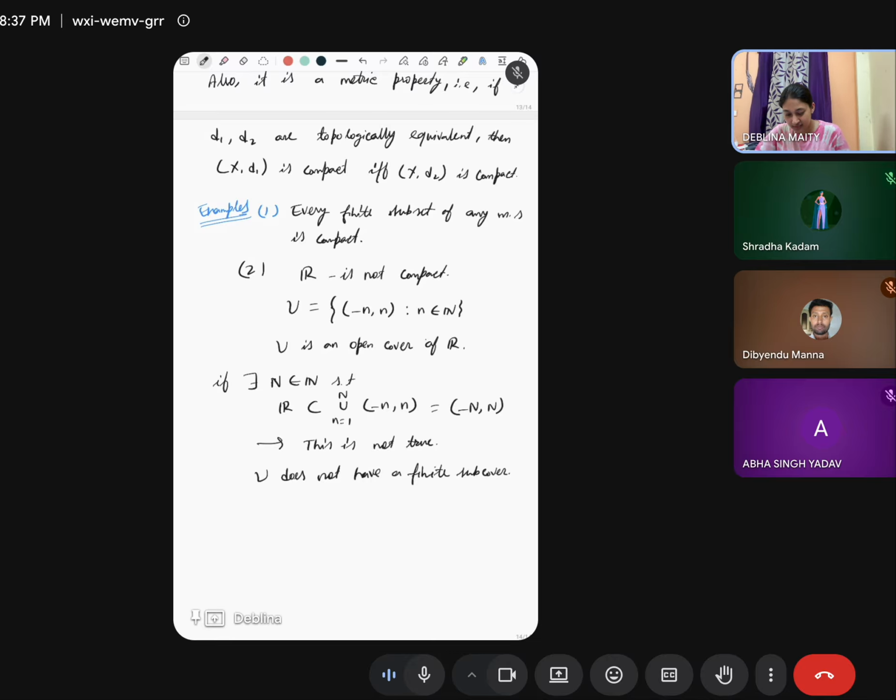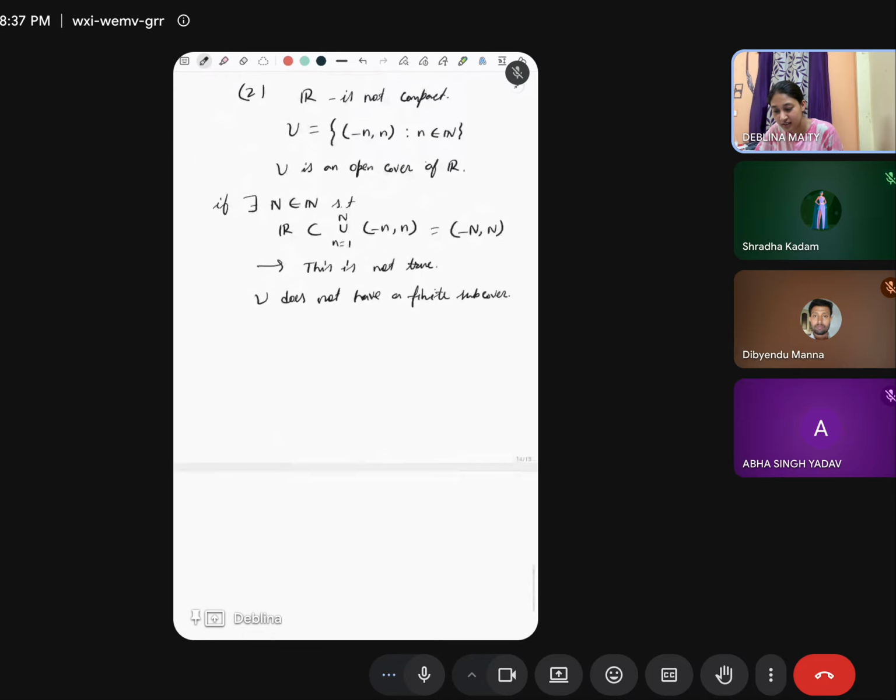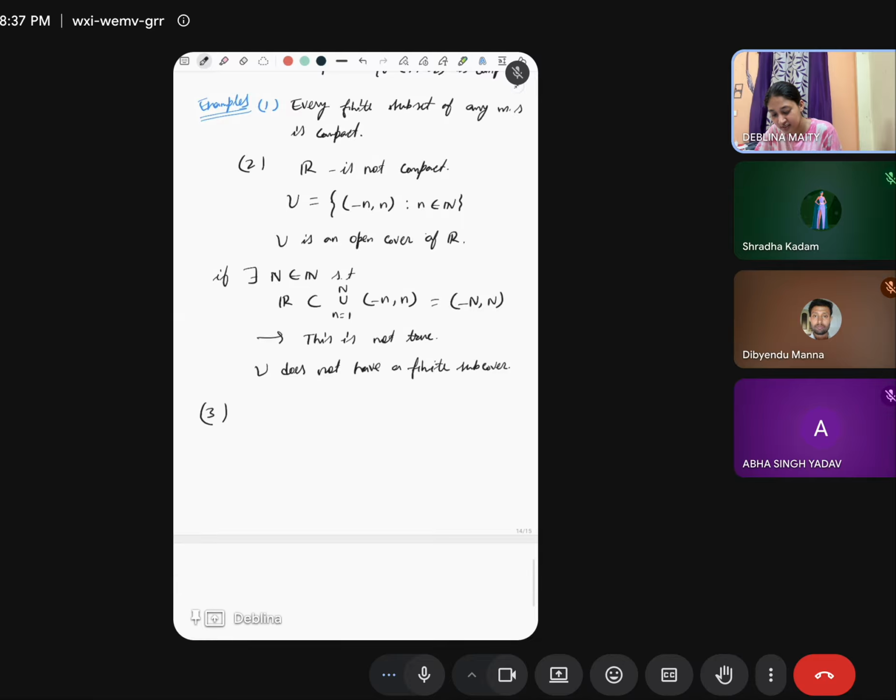Okay, now let's take another example. Suppose Y is the open interval (0, 1) and X is R. So R is not compact.